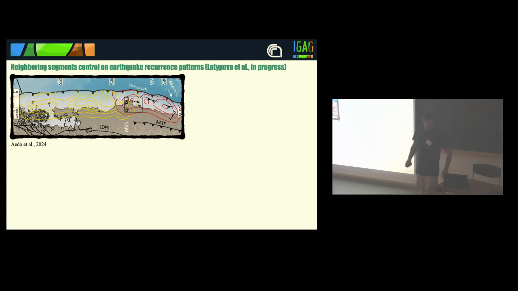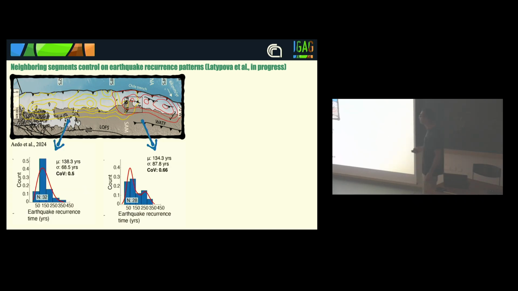So the authors of this study found that large ruptures, characteristic like the Valdivia earthquake, occur more periodically than smaller ruptures. Okay, this is what paleoseismology tells us. And also what is interesting is that in the case of Isla Santa Maria, we have this bimodal recurrence time going on.